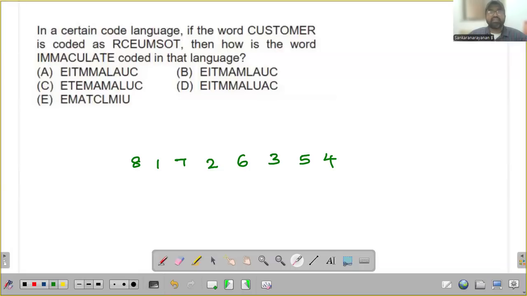No, I made a mistake somewhere. Customer is getting coded as 81726354. So for immaculate, how is it going to come? Let me just check. Customer comes in this way. Immaculate, how is it going to come? Just a second.